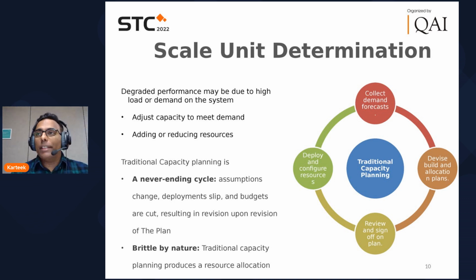The traditional capacity planning model that we usually approach is we collect the demand forecast, we have the allocation plans, we review and sign off on it, we implement, deploy, and monitor. And this is a continuous cycle. Each time there is a change in demand or forecast, we have to change our capacity planning. This is a never ending cycle, and usually we get to know that our capacity planning is bad when it breaks, which is a costly time.